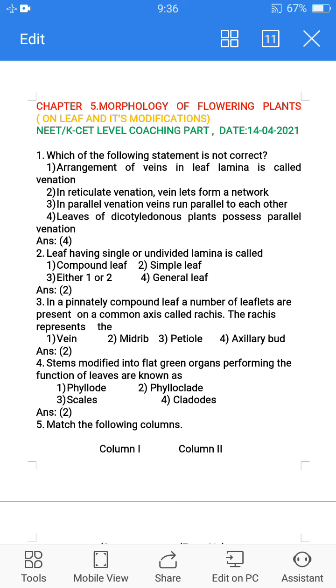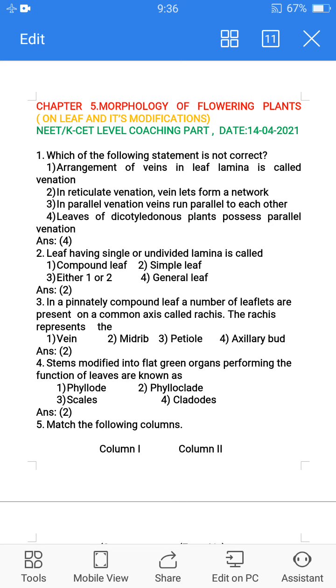Now let us see the third question. In a pinnately compound leaf, a number of leaflets are present on a common rachis. The rachis represents the. So in a pinnately compound leaf, a number of leaflets are present on a common rachis. The rachis is also called the axis, common axis.